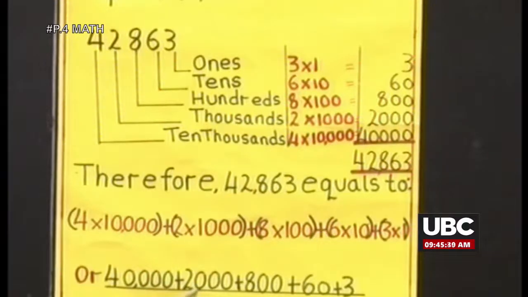How do we get 2,000? We get 2,000 by multiplying 2 by 1,000, plus 800, and 800 is a product of 8 times 100, plus 60, which is a product of 6 times 10, and plus 3, which is an answer to 3 times 1.